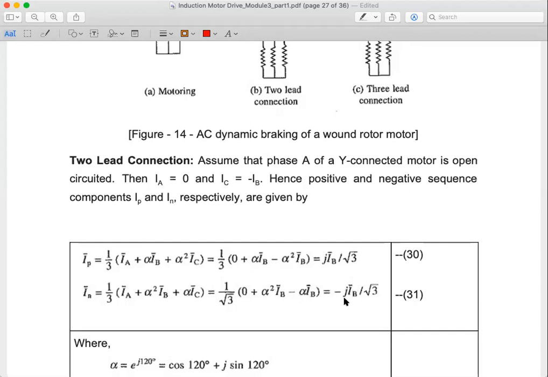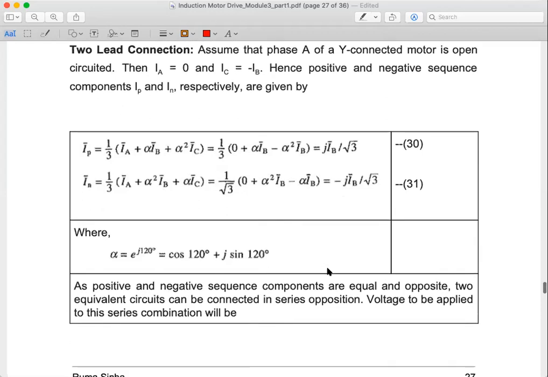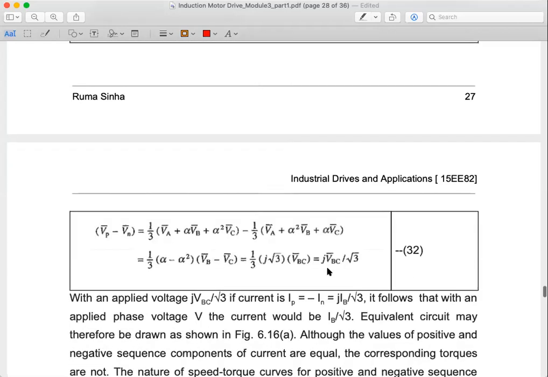So this will be minus j IB by root 3. This is the negative sequence component. The positive and negative sequence components of current have exactly the same value, but the direction is opposite: this is negative, this is positive. So this is the IP and IN calculation.